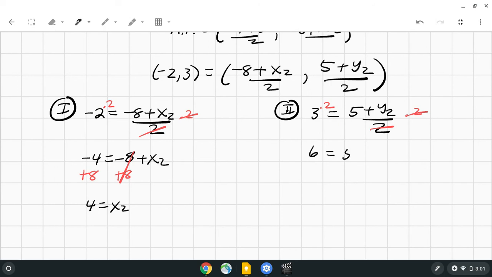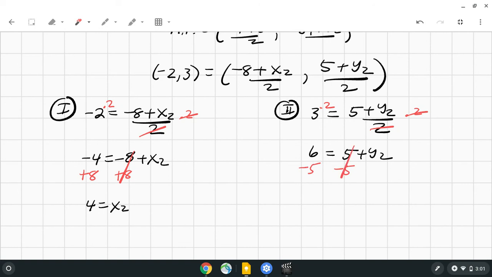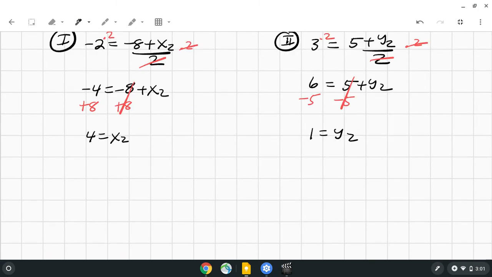And then I'm going to subtract 5 on both sides, and that will cancel. So I am left with y2 equals 1. Okay, so that's the location of Q. Q is located at 4, 1.